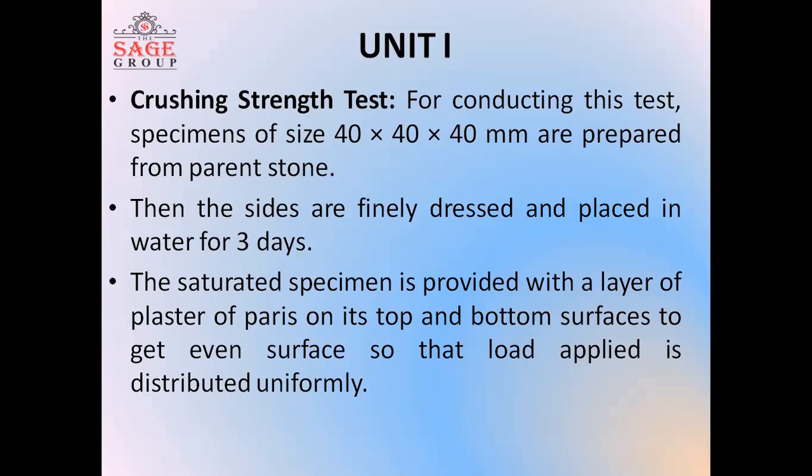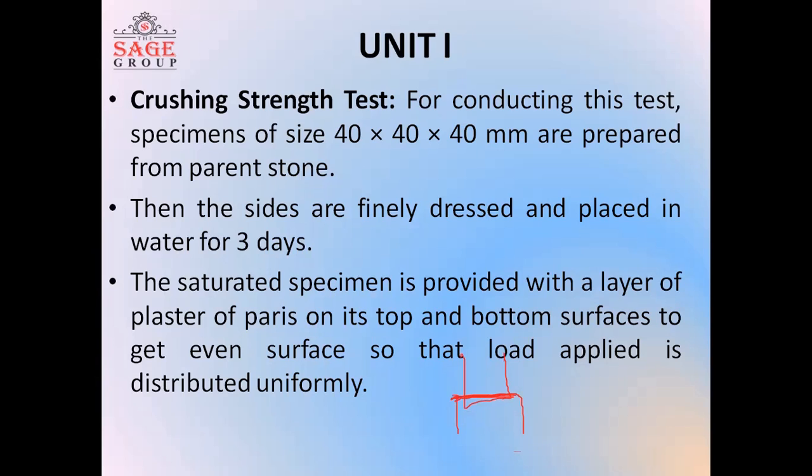The saturated specimen is provided with a layer of plaster of Paris on its top and bottom, so that the surfaces become even and, when the load is applied, it is distributed uniformly. If a stone has an irregular shape, the plaster of Paris layer is applied on the top and bottom so that the load is distributed uniformly.